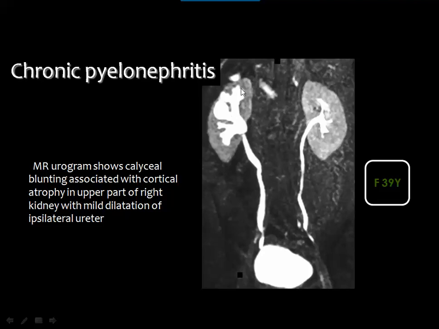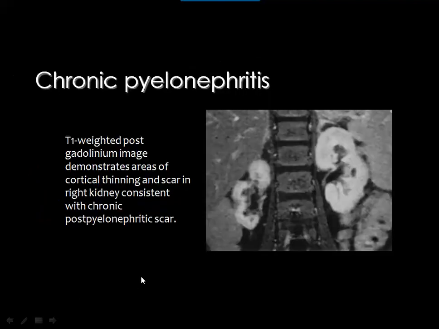But on the right side you can see that the calyces are clubbed, they are dilated, the pelvis is distended, and the ureter is also distended, when the renal parenchyma is markedly scarred in this area, and you still have some functioning renal tissue in the upper and lower bowl. The dilated ureter, of course, points to the possibility of vesicoureteric reflux, which is one of the most common causes of acute and chronic pyelonephritis.